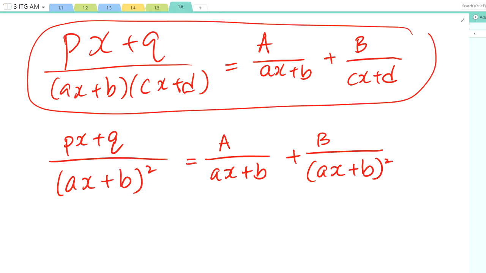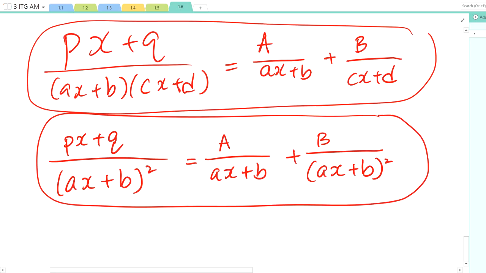If you cannot, you are not expected to be able to derive it. But understanding helps in memorizing. If all else fails, you can simply memorize this. When you see the denominator having a repeated linear factor, you must be able to write down that it is decomposed into capital A over ax plus b plus capital B over ax plus b squared.